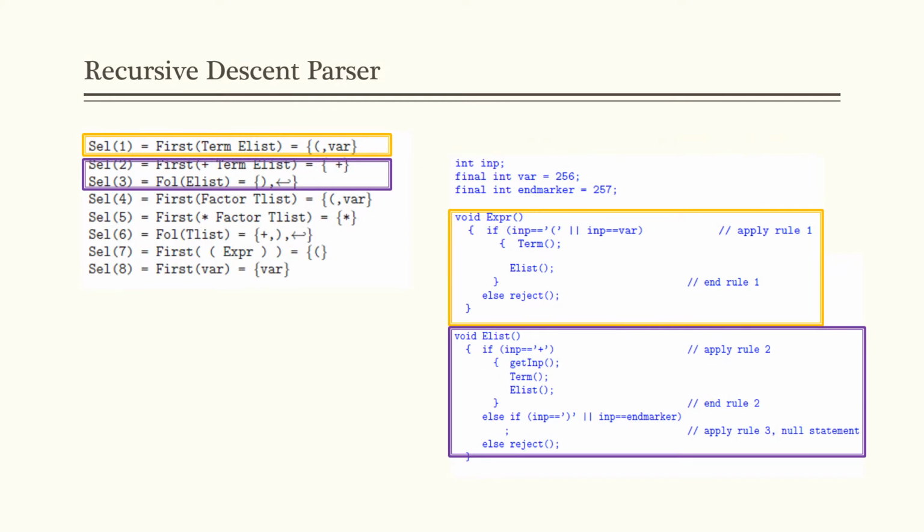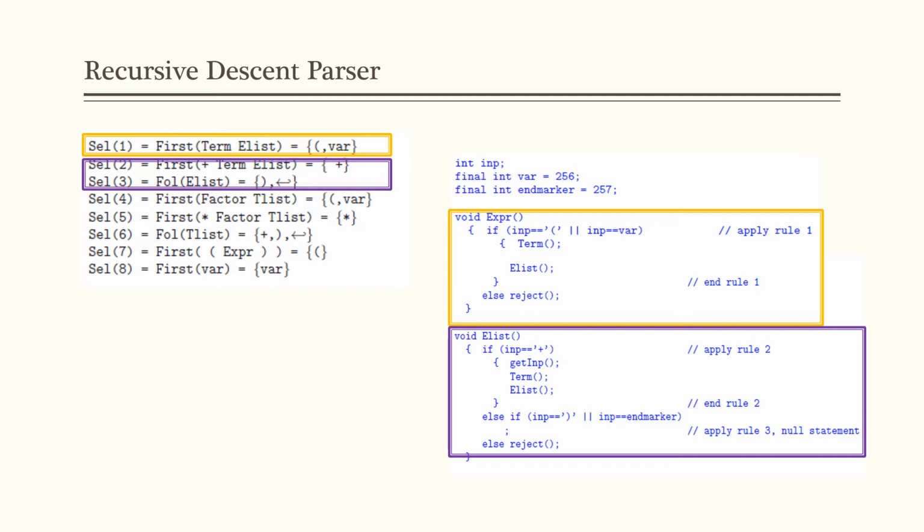Once it is in LL1, you can also construct the recursive descent parser for the grammar. Constructing the recursive descent parser is the same way that you learned in the previous video on LL1. Nothing different.